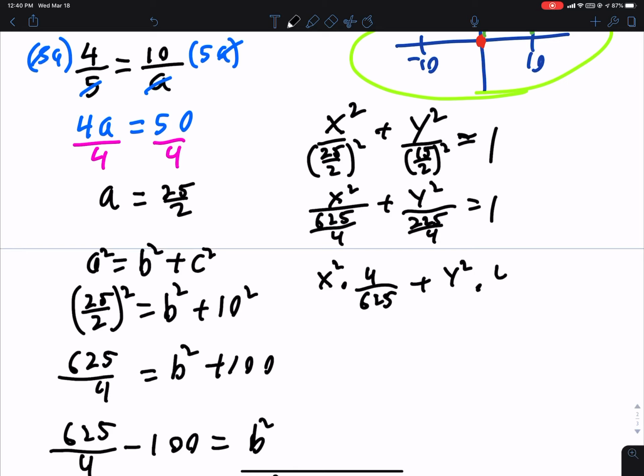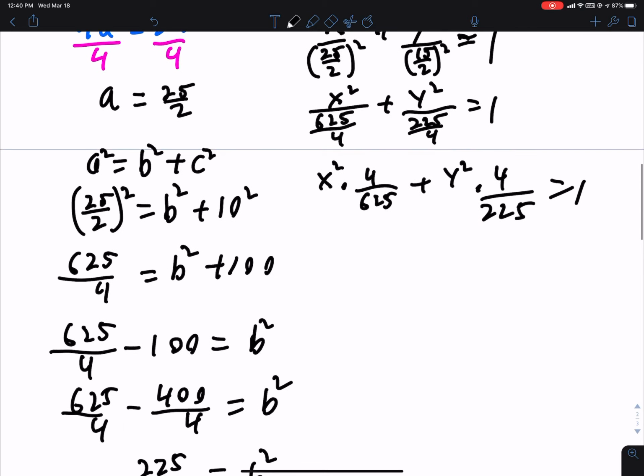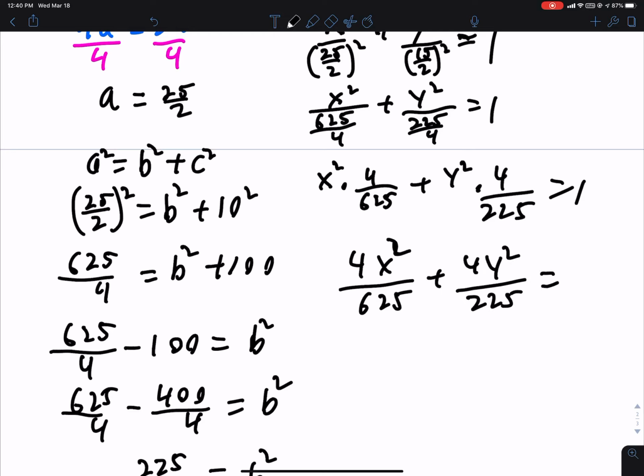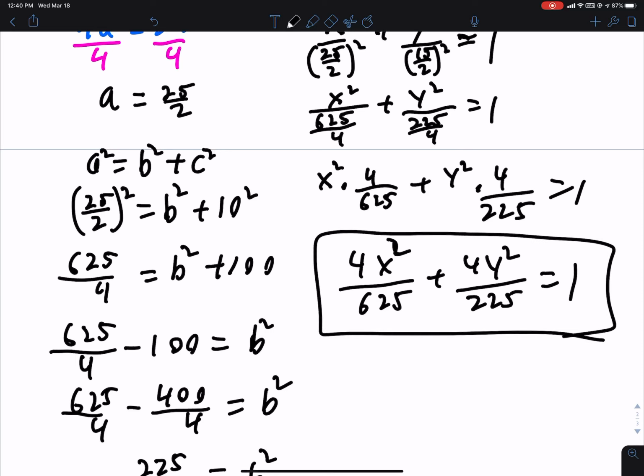And here we're going to get 4 over 225. And we get our final answer. Yes, kind of ugly, but doable.